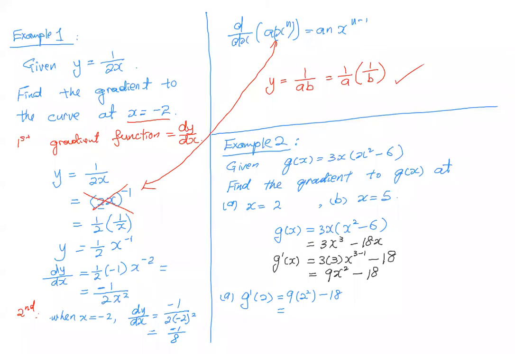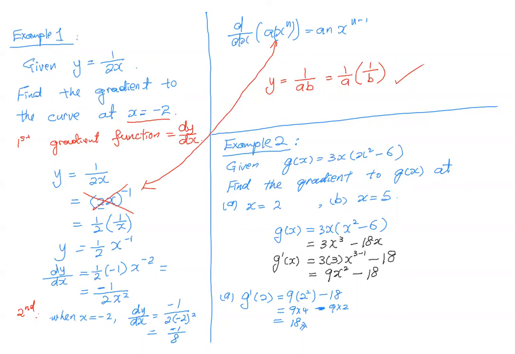So the answer is 18. Agree? This is 9 times 4, this is 9 times 2. So if I do it mathematically, 4 times 9 minus 2 times 9, I get 2 times 9, that is 18. You see how I calculate?